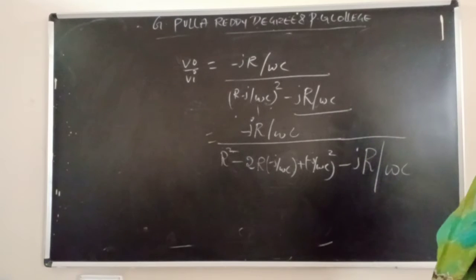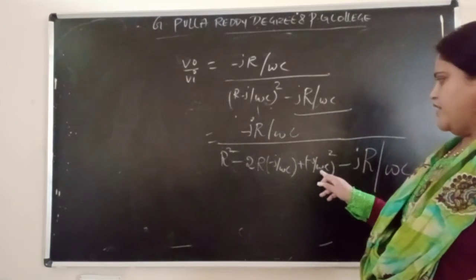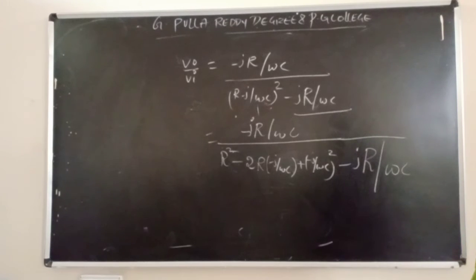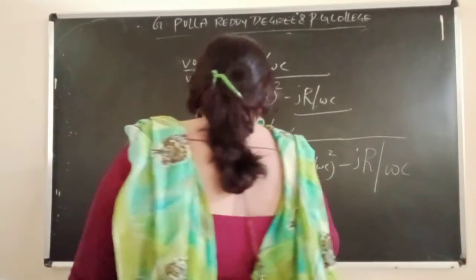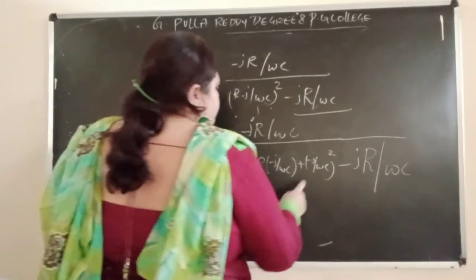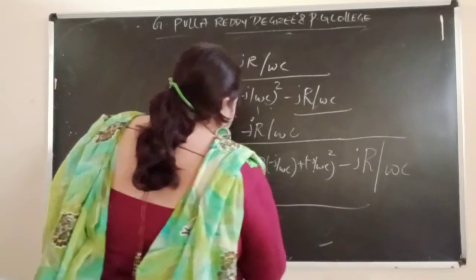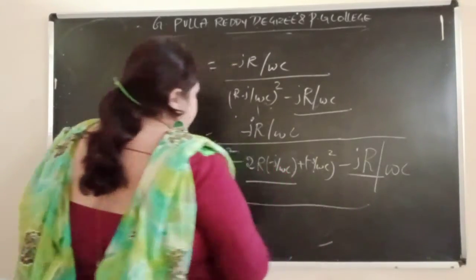Now after getting this, what do you have to do? You have to write down j. j square will be minus 1. So 1 minus 1, minus means this. So what will you get now? R square minus, and this and this will get plus.